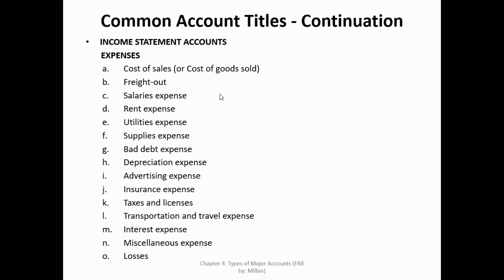Decreases in the value of assets dahil bumaba yung value niya dahil nasira or hindi na mapapakinabangan or nawala kasi nagkaroon ng sunog, nagkaroon ng earthquake, nagkaroon ng baha or other calamities.